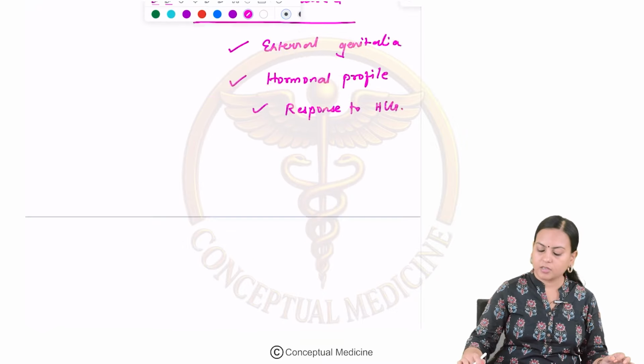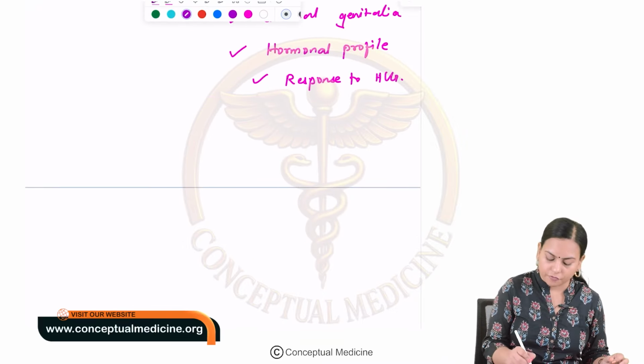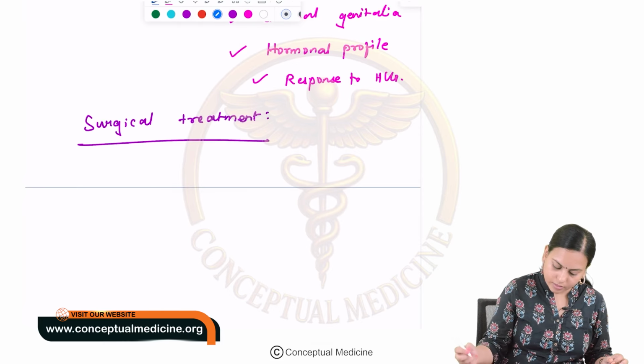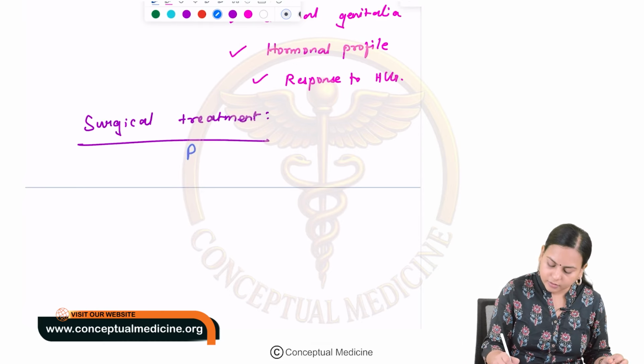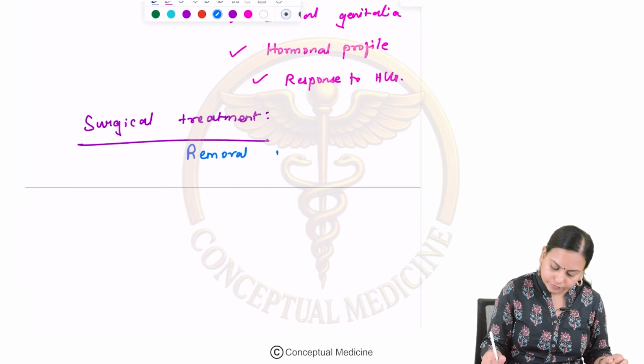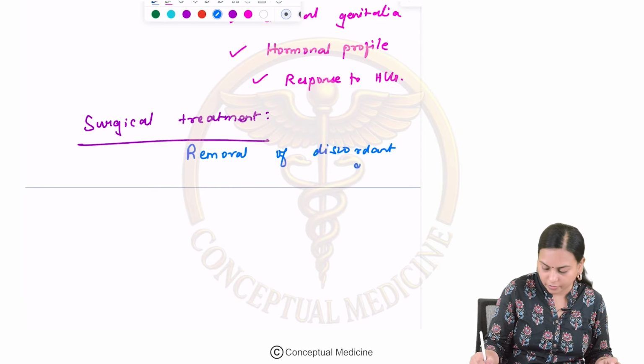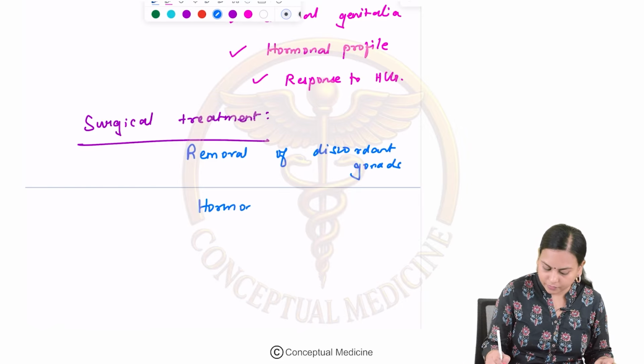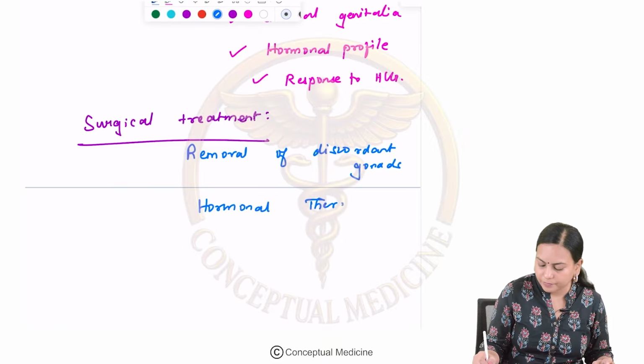In these people you have to offer surgical treatment for removal of the gonads which are discordant, right? So removal of the discordant gonads, and you can even offer them hormonal therapy.